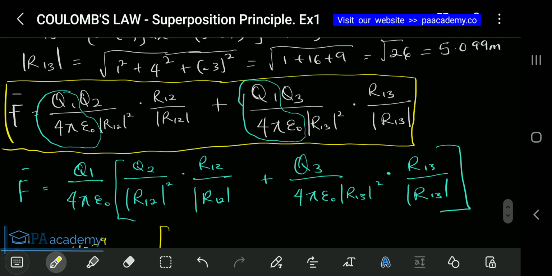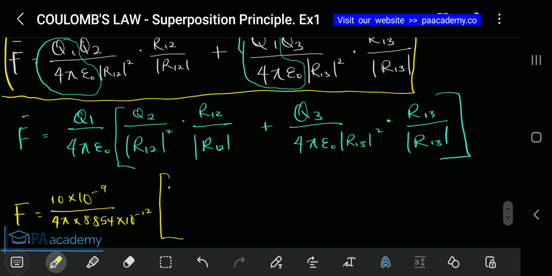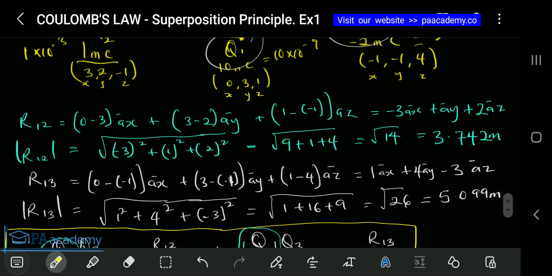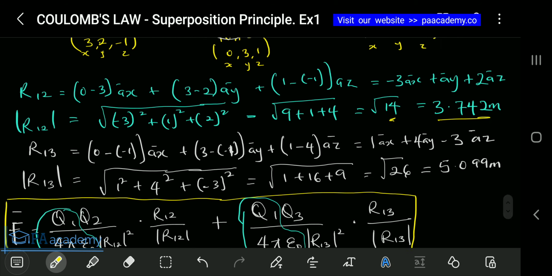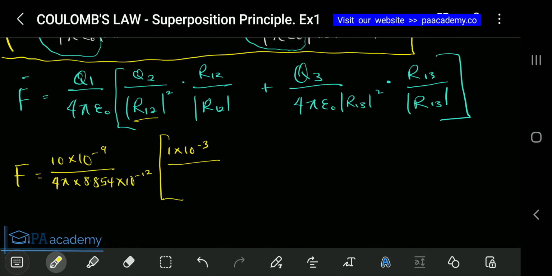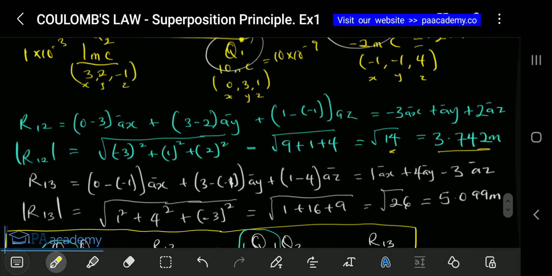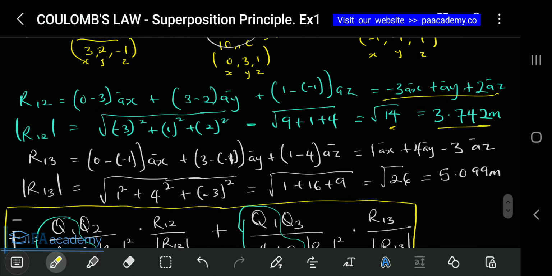That's 1 times 10 raised to power minus 3 over the magnitude of r12 square. So if you square r12, we are going to be getting 14. So this will be over 14, multiplied by this r12, which is minus 3 ax plus ay plus 2az.